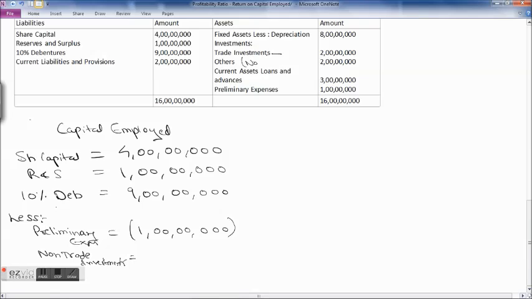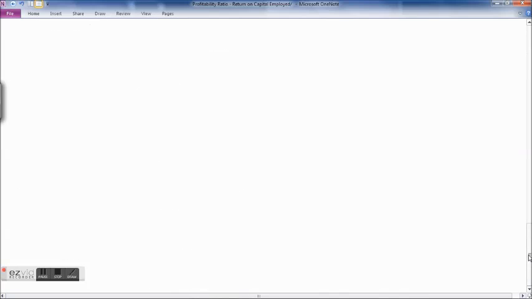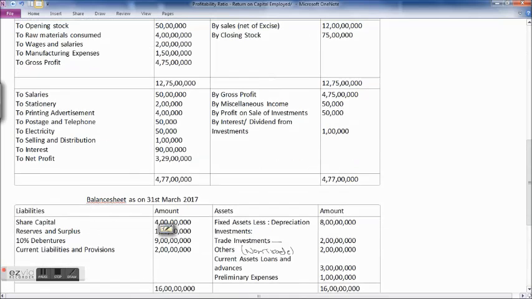See here, trade investment is 2 crore. This other is nothing but non-trade investments, right? How much is that? 2 crores. So your capital employed comes to 11 crores.